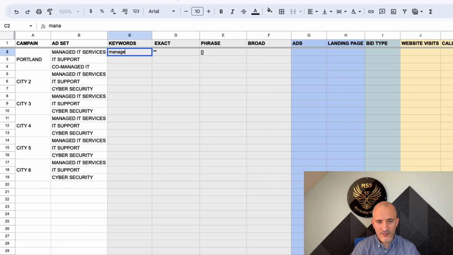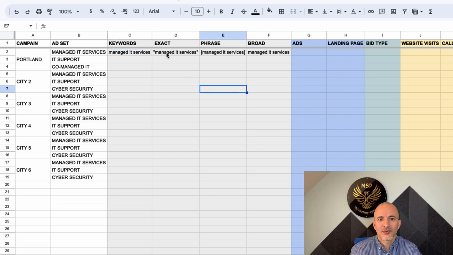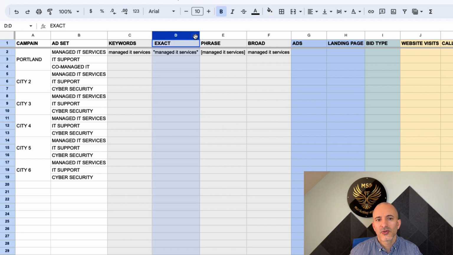If we do managed IT services, the exact will be under quotes, and if someone types this exactly, then the ad would show. It's not exactly how Google behaves, but let's keep it simple. Phrase will be, let's say, managed IT services company. That contains anything here, and then managed IT services, someone who types managed computer, the ad will show. So what we recommend is to start with exact and phrase, right?